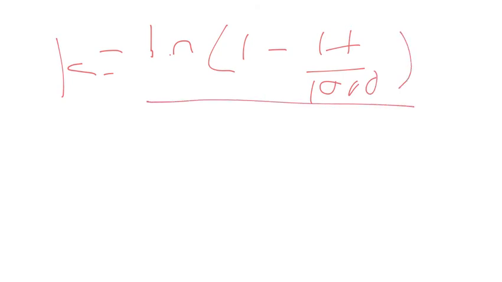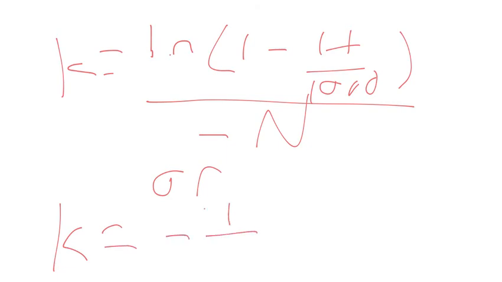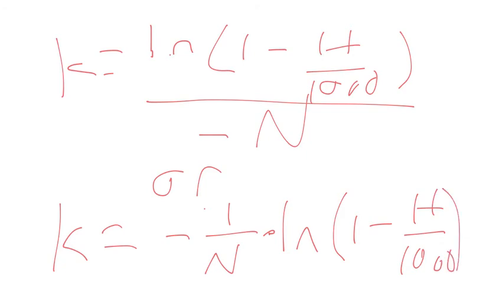To write it on a new slide where I have more room, k is equal to, I think one of the ways we had it written was ln of 1 minus h over 1,000 over negative n, or k is equal to, since we're dividing by negative n, that'd be the same as negative 1 over n times ln of 1 minus h over 1,000. So either of those would work.